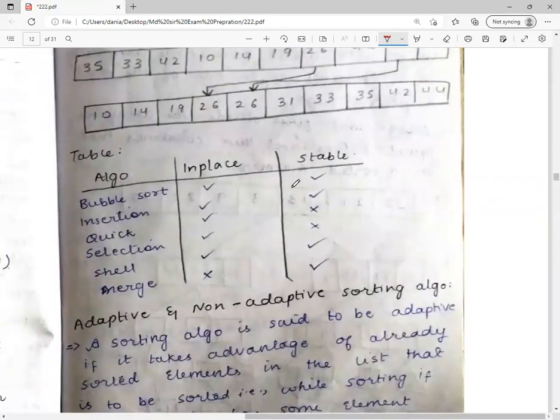Bubble sort is in place and stable, insertion sort is in place and stable, quick sort is in place but not stable, selection sort is in place but not stable.